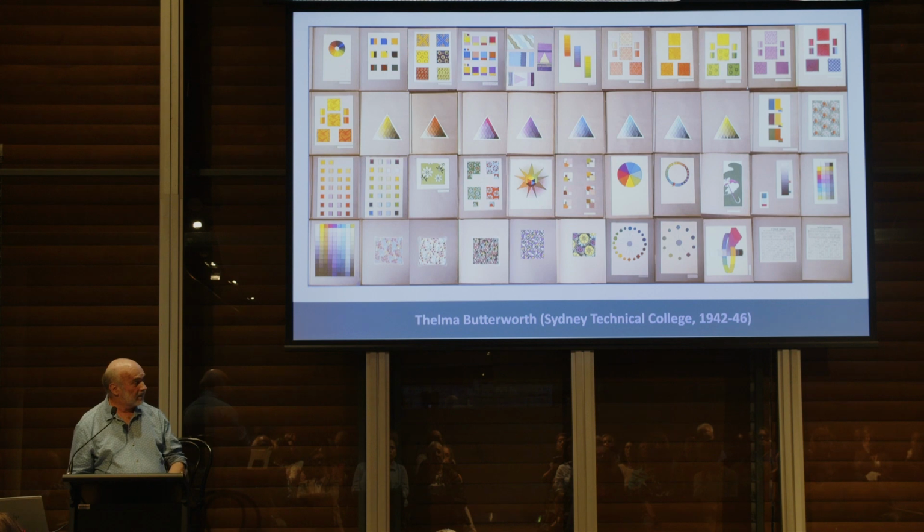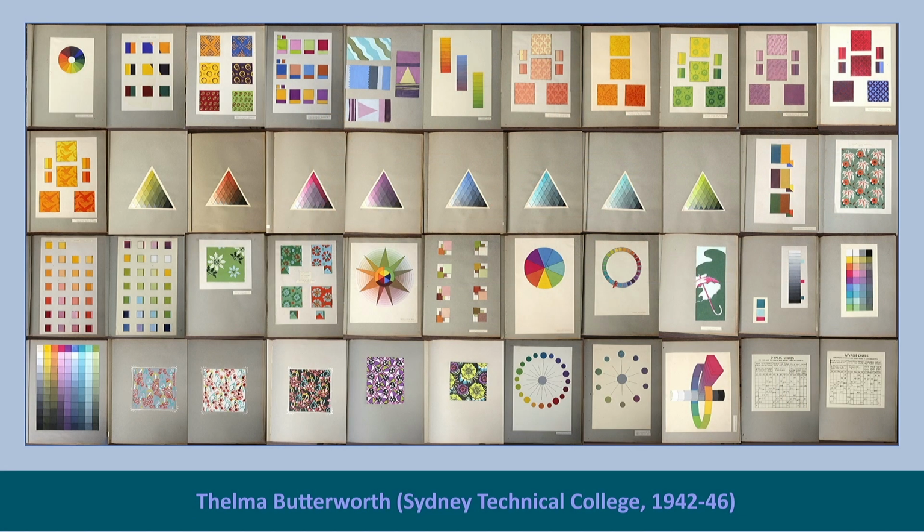All right, so I'm just showing a couple of the other portfolios that we have. The Thelma Butterworth one is actually a year earlier, it seems, and it covers a lot of the same ground. Can you recognise the tertiary wheel in there?